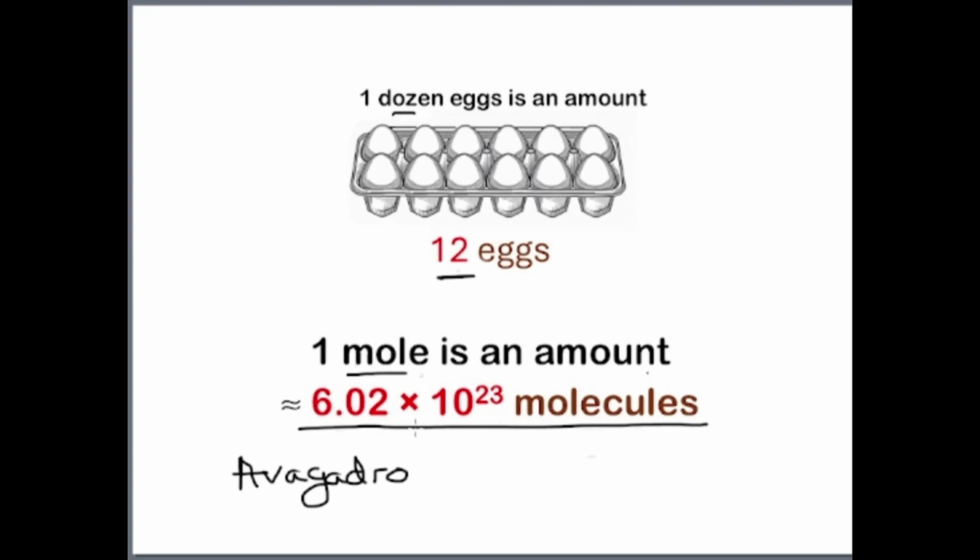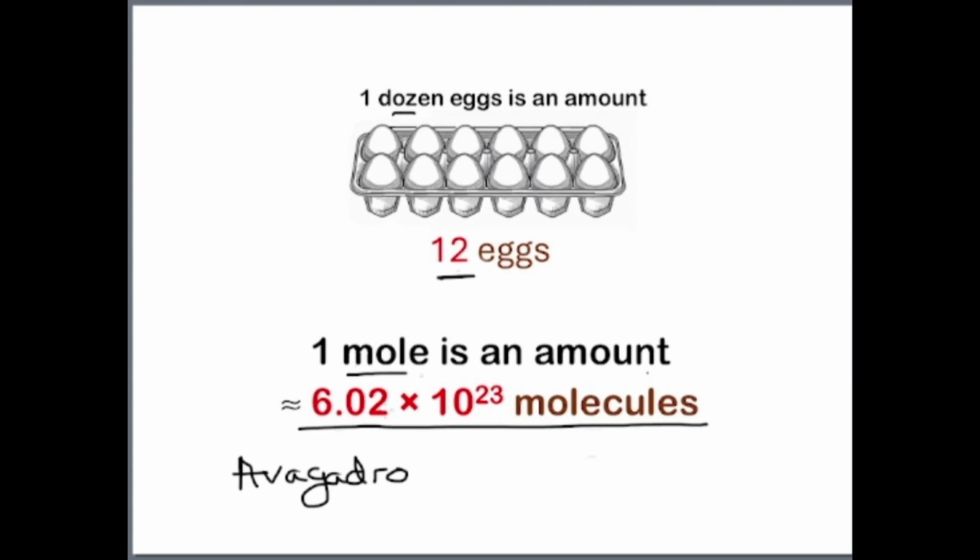What we do need to understand is that a mole is always the same amount of molecules. Just as a dozen is always 12, a mole is always 6.02 times 10 to the 23rd. Two dozen is twice 12. Two moles would be twice 6.02 times 10 to the 23rd molecules.